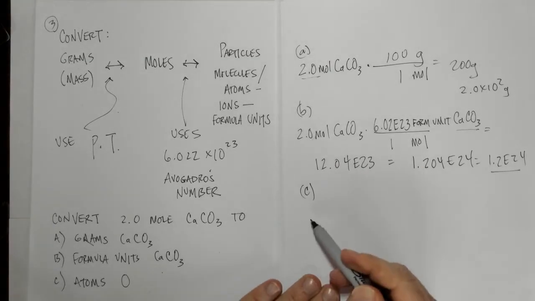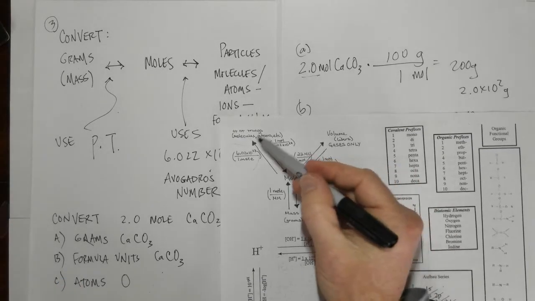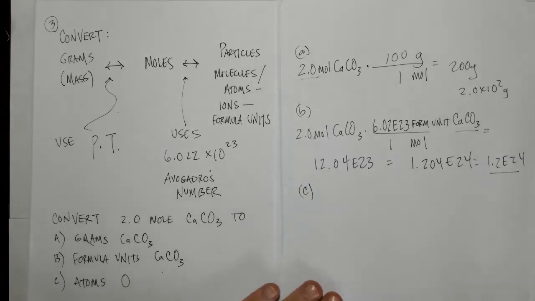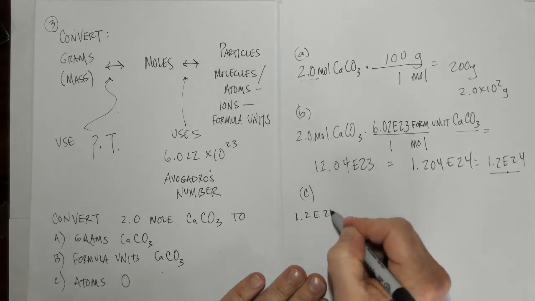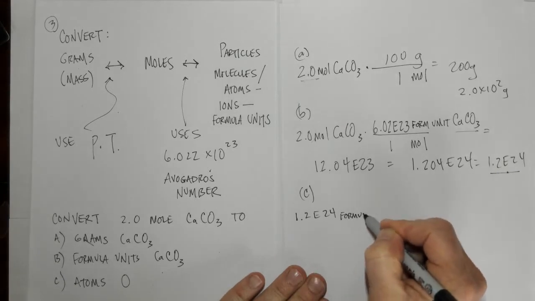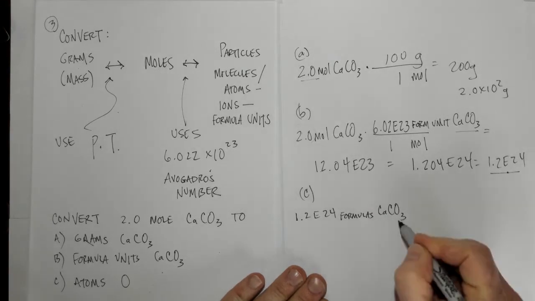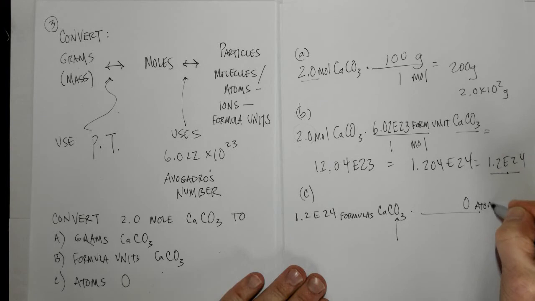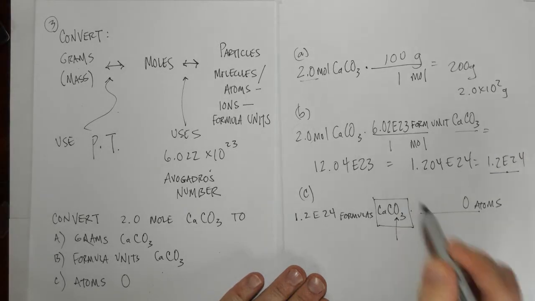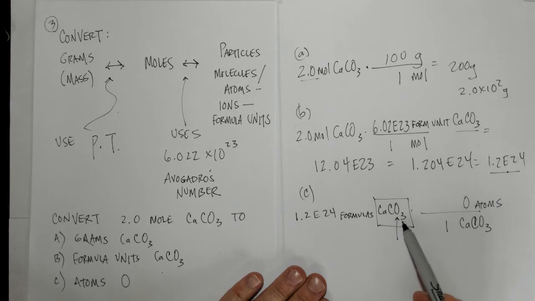Letter C, atoms of oxygen. So now this one's the trickiest because it's not on here. I know it says atoms right up here, but we already have the formula units of it right here. And so we'll write that down, 1.2 times 10 to the 24th formula units of CaCO3. And inside of this, we want to know only the oxygen atoms, because inside of this box, there's 1 formula unit of CaCO3, but there are 3 oxygen atoms.